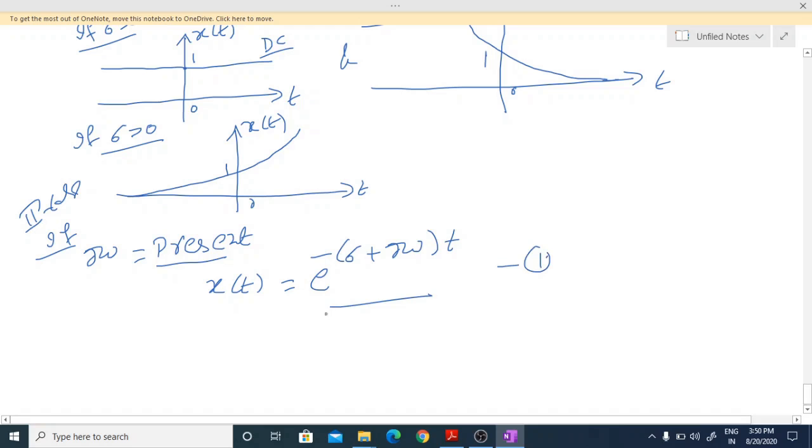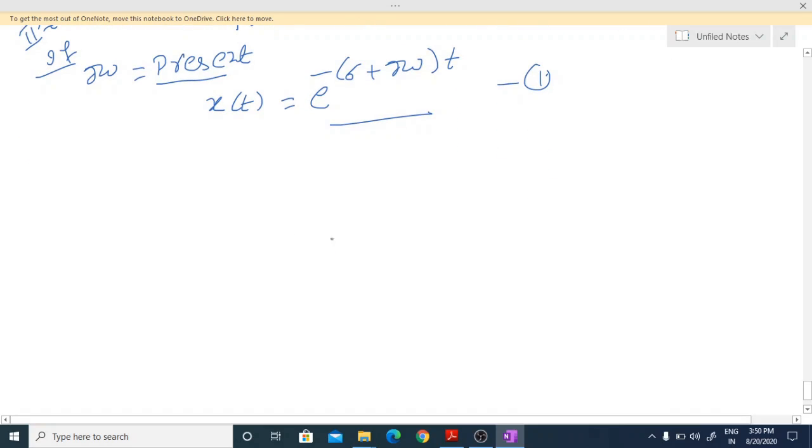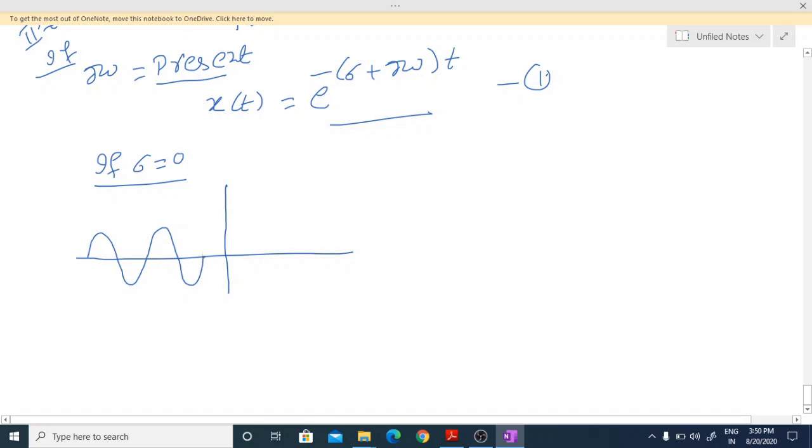In this case, the first one, if we consider sigma equal to 0, that means the real term is absent, then we get a sinusoidal oscillation.